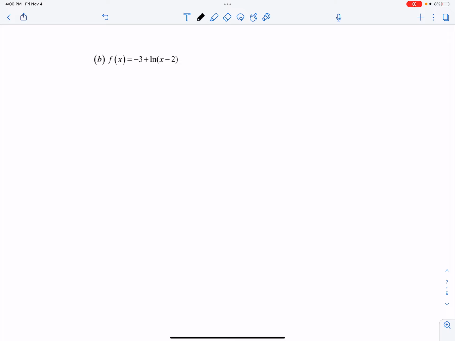Now we want to sketch f of x equals -3 plus the natural log of x minus 2. First, we need to find our domain, and then we need to account for our other transformations. This one is natural log, so the base is e, but it's still a log function, so you're doing fine.